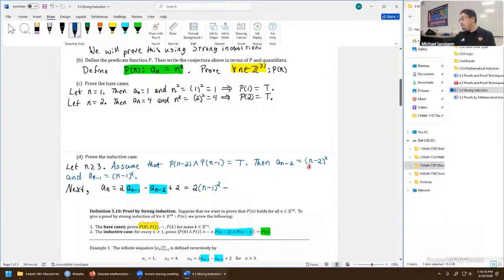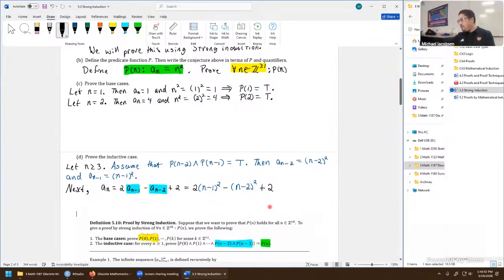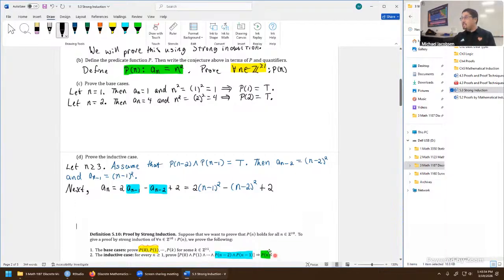But we've assumed a_(n-2) follows our conjecture. It should be the base (n-2) raised to 2, then add 2. So somehow, some way, this is going to work out, give us P(n), which is a statement that we're going to get n squared. So now it's just all algebra from here. Any questions on making any of those substitutions or assumptions?